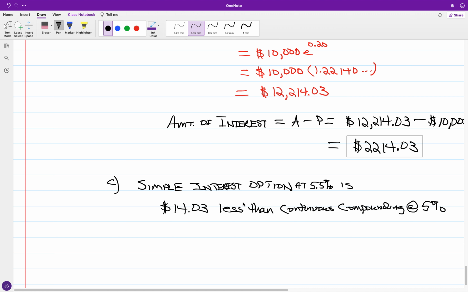So the simple interest option at 5.5% is $14.03 less than the continuous compounding at 5% with the very same money to start out with.